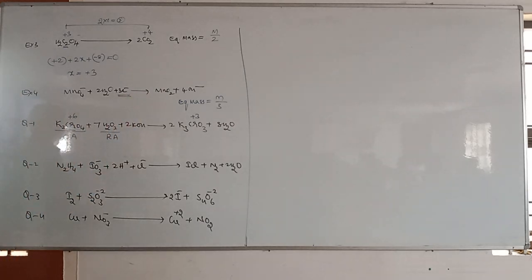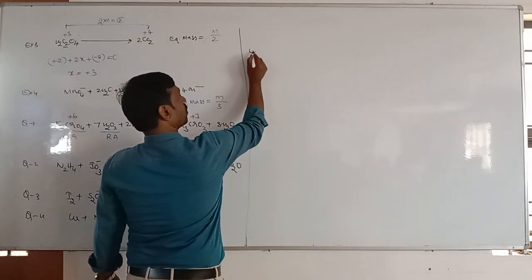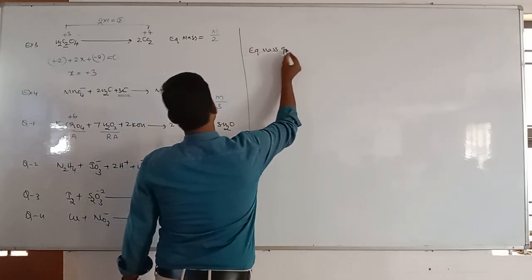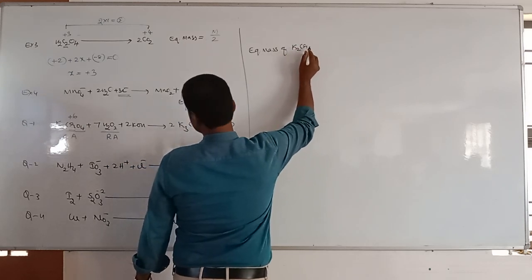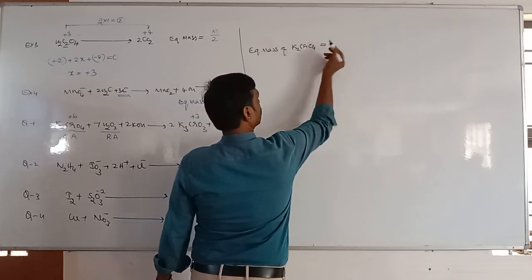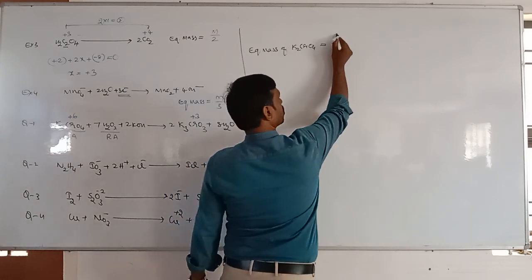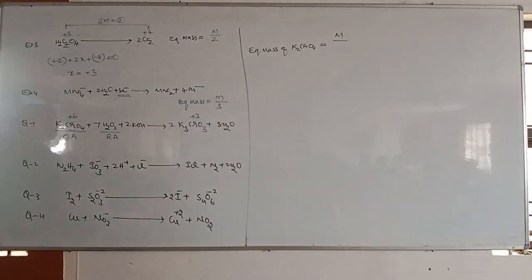Now we need to calculate equivalent mass. Equivalent mass of the oxidizing agent, that is K2CrO4, equals molecular mass. You can calculate potassium, chromium and oxygen; let us take that as M. Now I want the change in oxidation number.